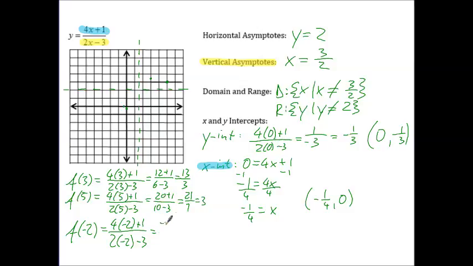That is -8 plus 1 over -4 minus 3. In other words, -7 over -7, and that is +1. So at -2, we have a y coordinate of +1, and that now gives us enough points to go ahead and do our graph. This is the right part of our hyperbola, and this is the left part.